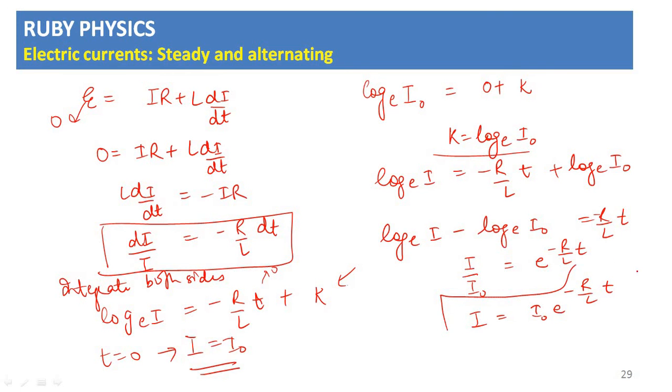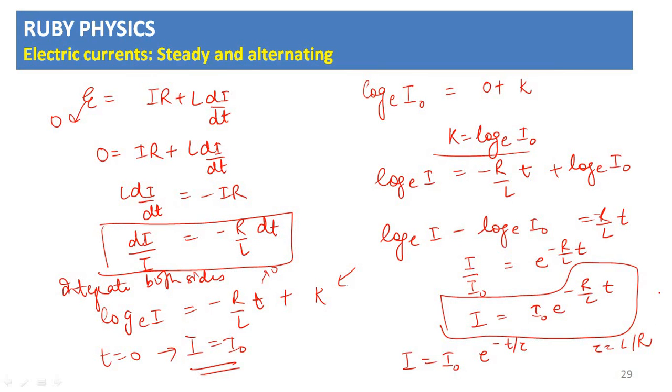This is our equation, and in terms of the time constant tau, we can write I is equal to I naught e to the power minus t over tau, where tau is equal to L upon R. This is the time constant, or we can also say decay constant.